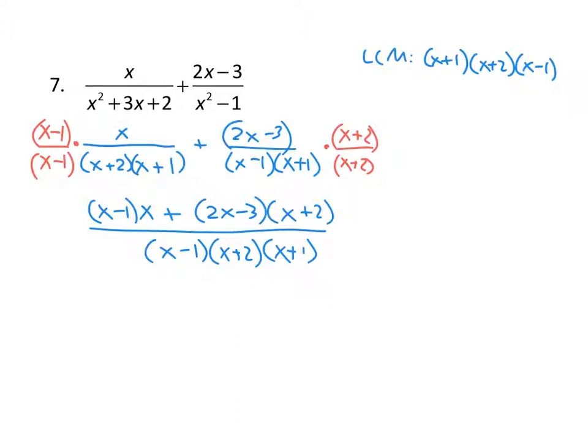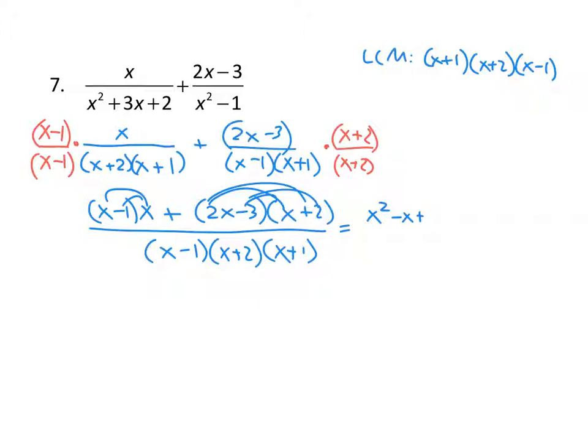I have to distribute, combine like terms, and then I can try to factor it. So I need to distribute here, I need to FOIL here, and combine like terms first. So we end up with x squared minus x plus, now this time, since I have addition, I don't have to be so careful about keeping brackets around the part that I FOIL, because I'm just going to be adding everything.